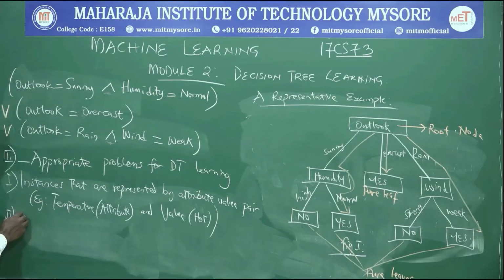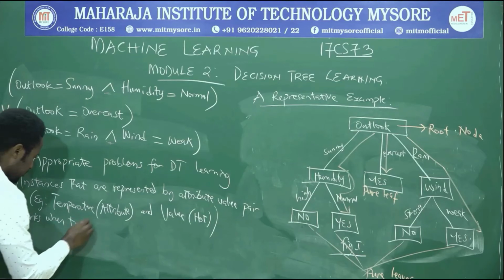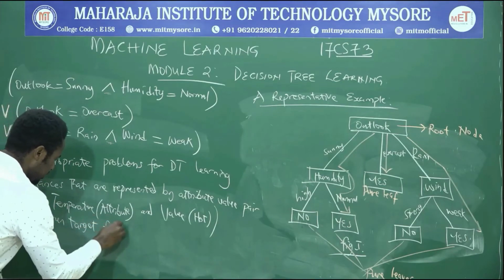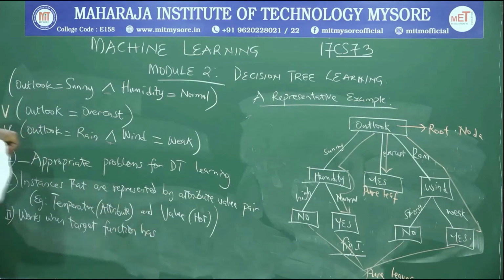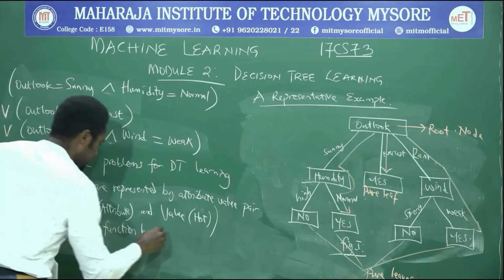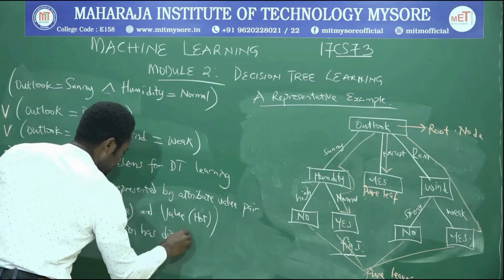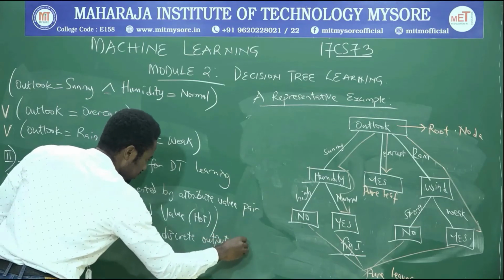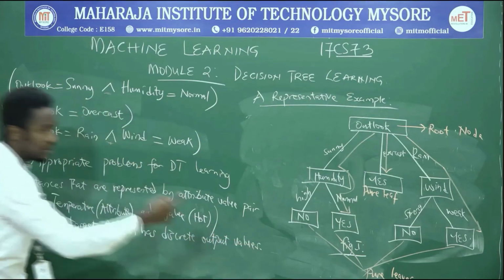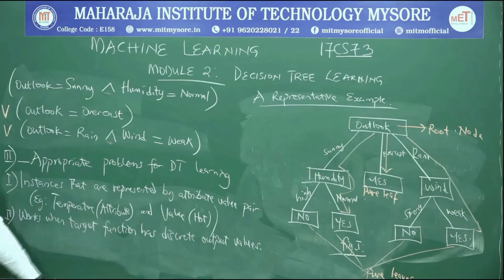The second one: it works well when the target function has discrete output values. Can you give me an example now from the figure we have seen?